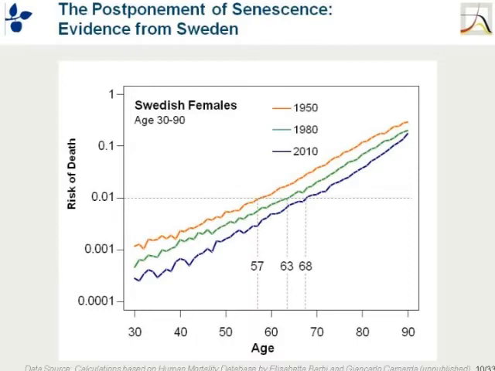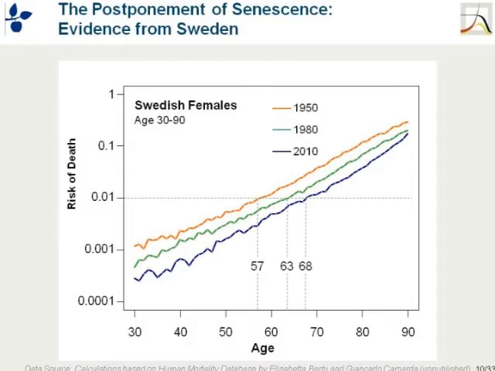And we can see this if you take a look, for example, at the age at which the chance of death is 1%. Let me suggest this might be called the age at which a person enters the realm of older individuals, when you have to start worrying about death because it gets above 1%. In 1950, for Swedish females, it was age 57.